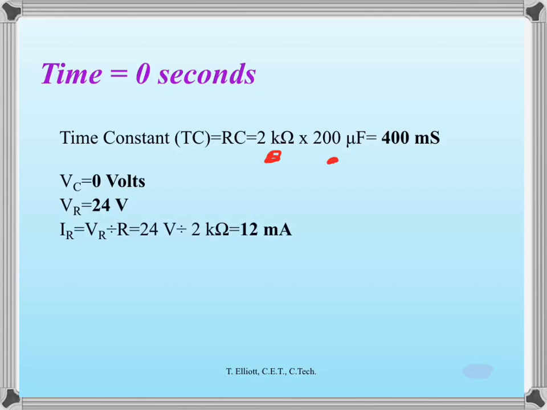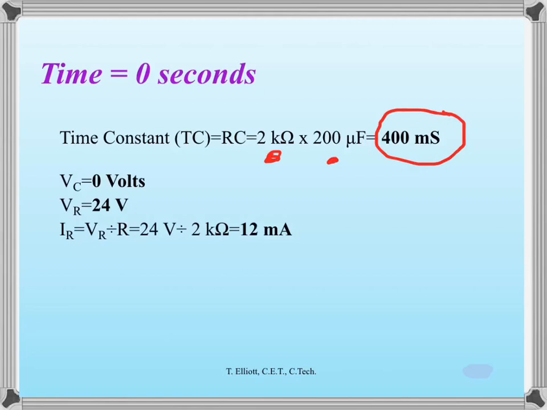Put it all in base units, you'll get seconds. Convert it to milliseconds, you get 400 milliseconds. So for every time constant of change in time, that represents 400 milliseconds. Two time constants would be 800 milliseconds. Three time constants would be 1.2 seconds, and so on.